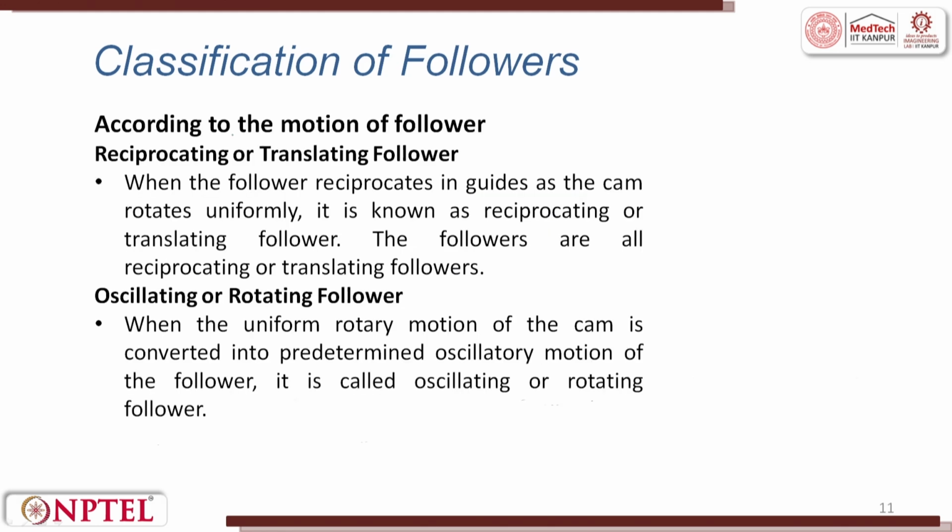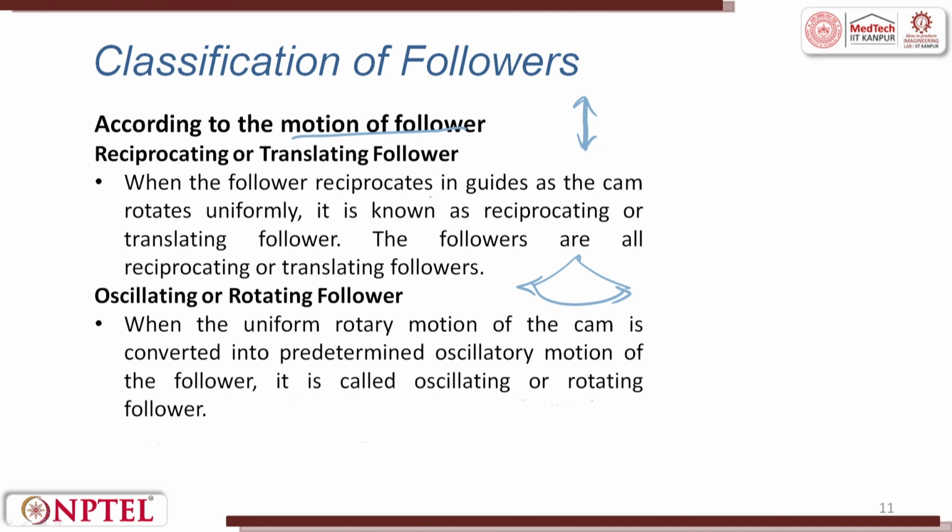So, classification of the follower based upon motion. The motion can be of two types: one is reciprocating, the other can be oscillating. According to the motion of the follower, reciprocating or translating followers can be there.